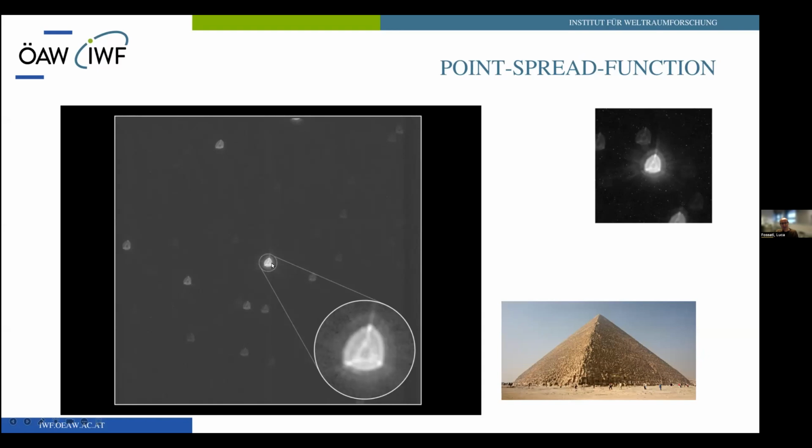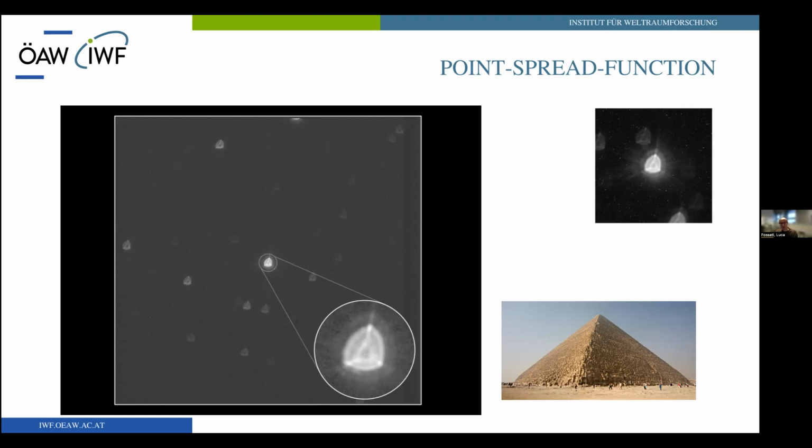Each of those triangles is a star, and the one at the center is the target that CHEOPS is currently observing. One very important thing to know about CHEOPS is that it's not looking at many stars at a time. It targets one star, so one system at a time, and it stays there for as long as we want.